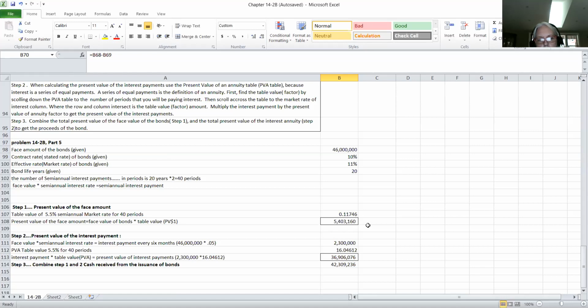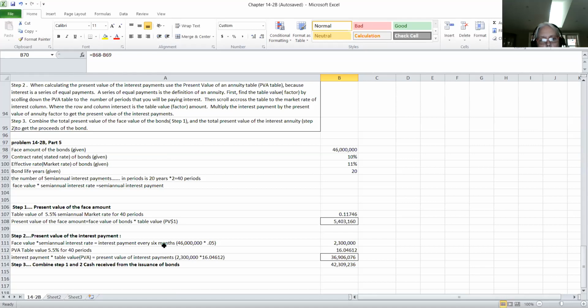5,403,160 is the amount. Step number 2 is to determine the present value of the interest payment. We do that by taking the face value of our bonds times the semi-annual interest rate, which will give you the interest payment every 6 months. This semi-annual interest rate is really the contract rate of interest.